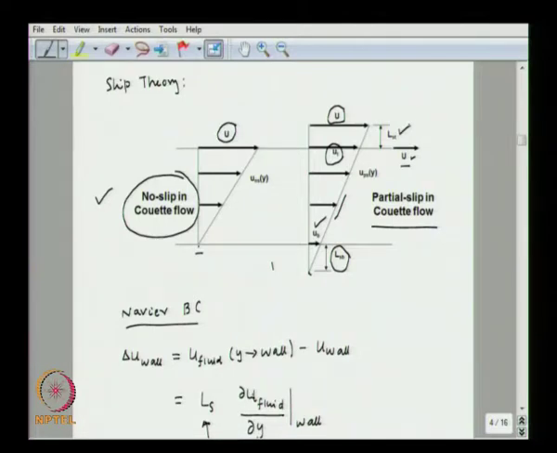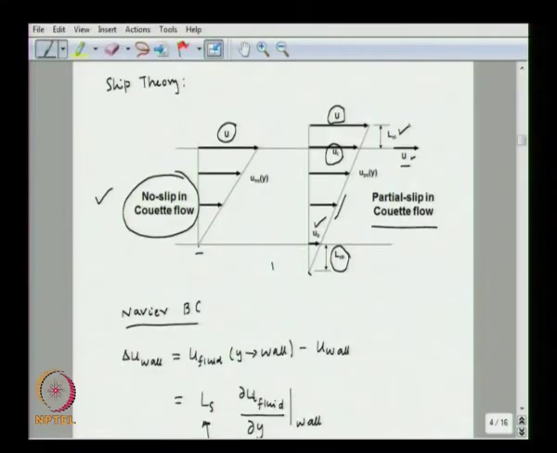So the slip length would depend on the interaction between the fluid and the surface; it depends on a particular surface. So with that let us move on and talk about the slip in gas flows.